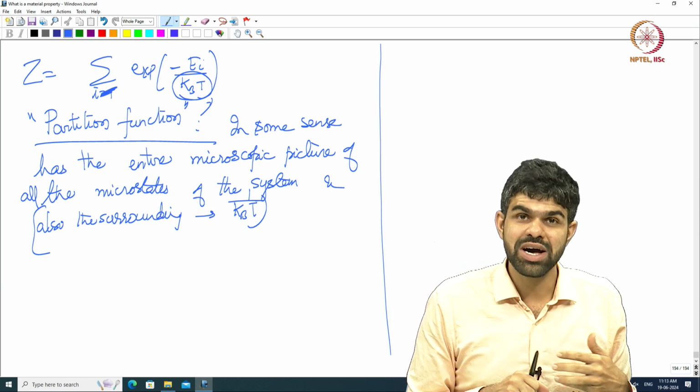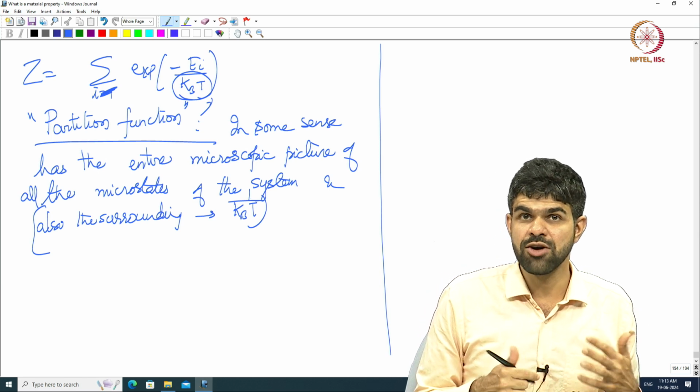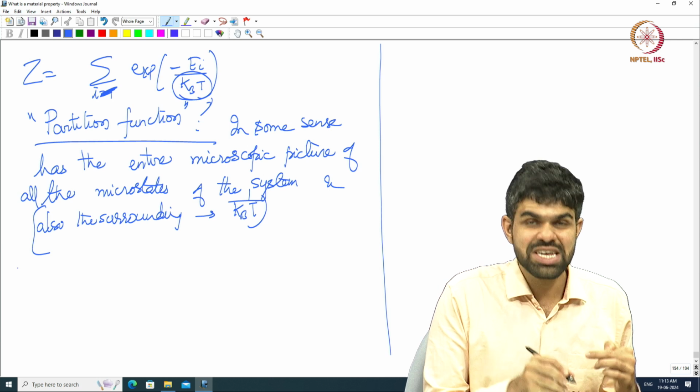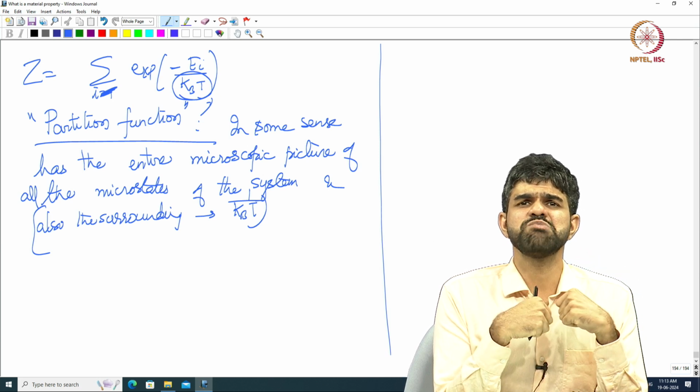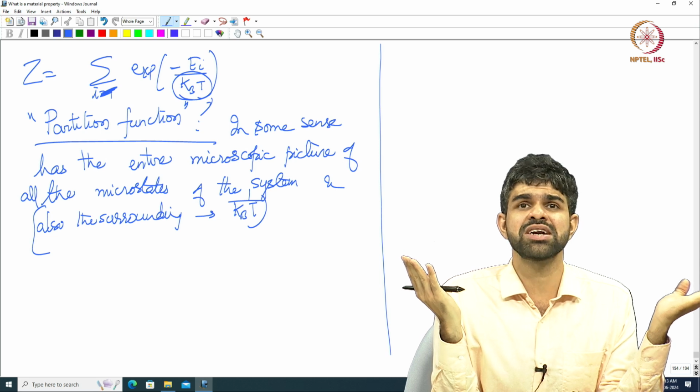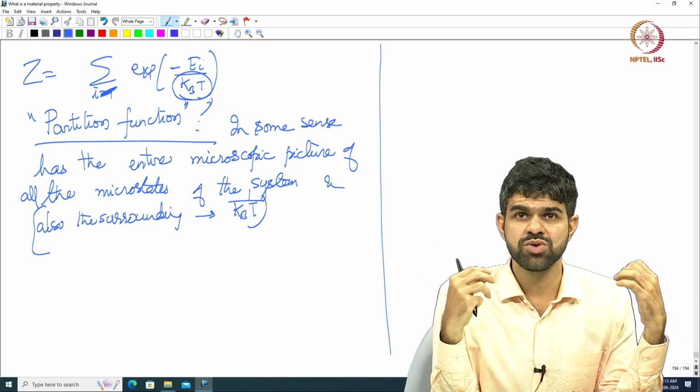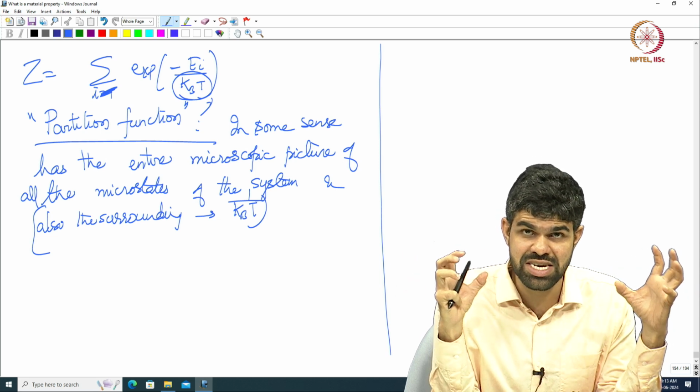So we will see how the partition function is very useful, but from a statistical mechanics point of view, partition function is a summation of e power minus Ei by kBT, right. So the system can exist in different energy states.